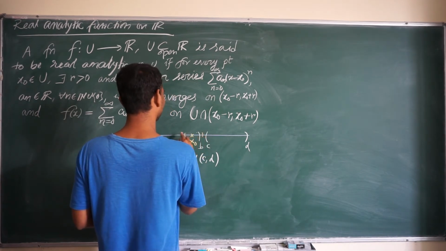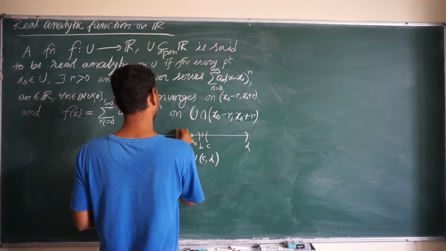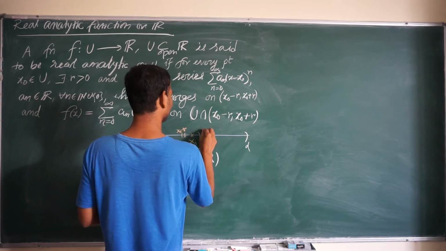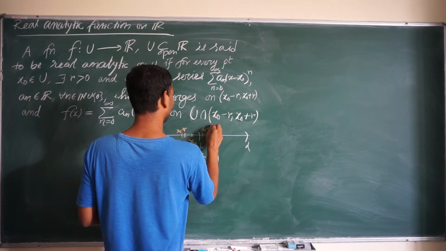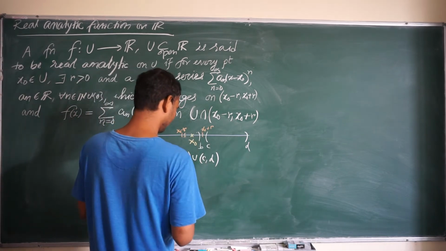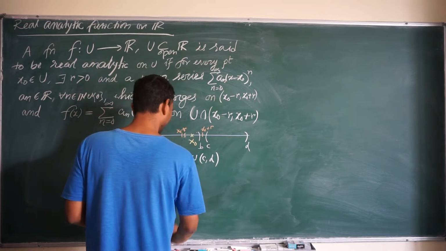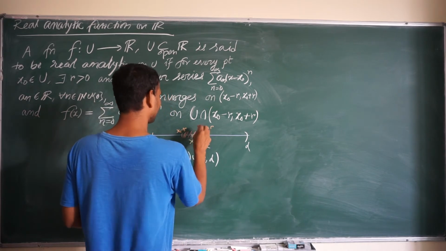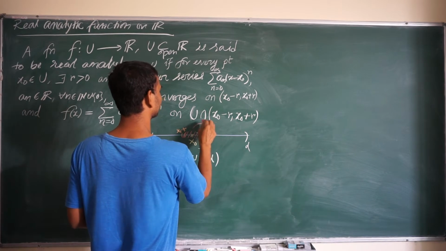This is x naught minus R, this is x naught plus R, such that on this it converges.